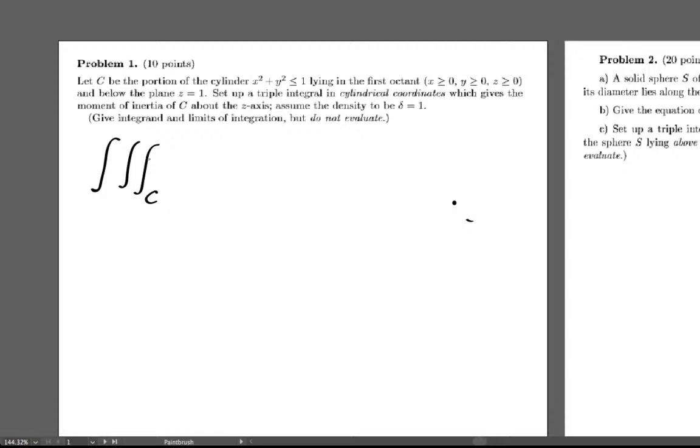It is from the z-axis. The radius would be the square root of x squared plus y squared, as that's the distance between a point and the z-axis. But then obviously the radius you need to square, so you will eventually get x squared plus y squared.